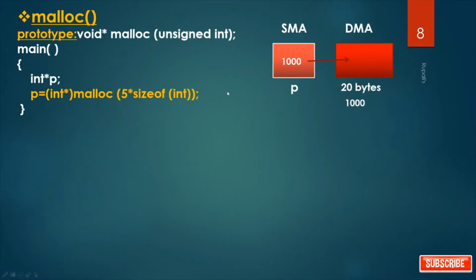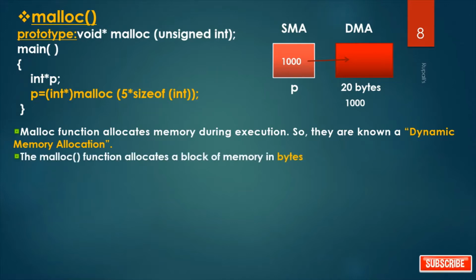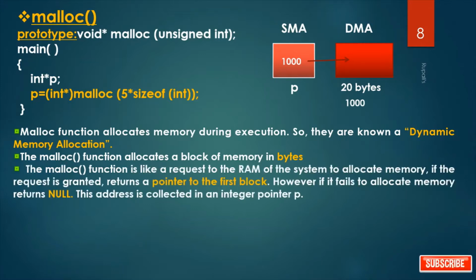Now, see these points. First, the malloc function allocates memory during execution, so it is known as dynamic memory allocation. The malloc function allocates a block of memory in bytes, so here it is 20 bytes. The malloc function is like a request to the RAM of the system to allocate memory.